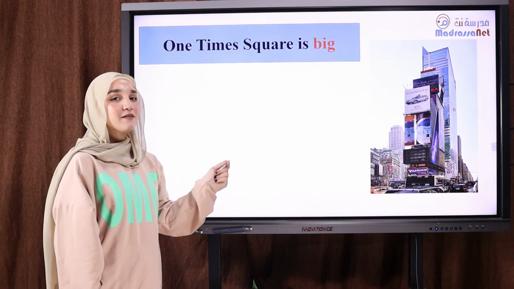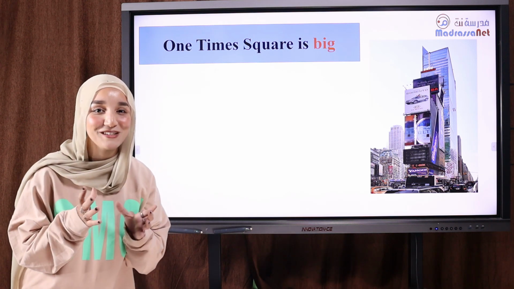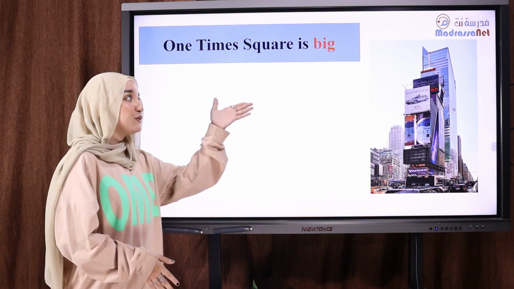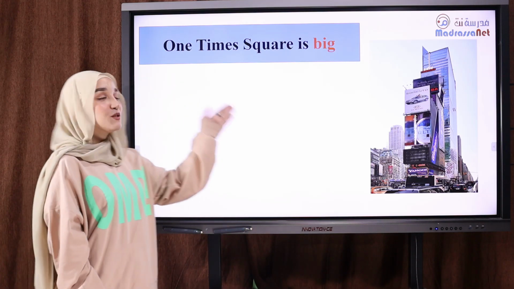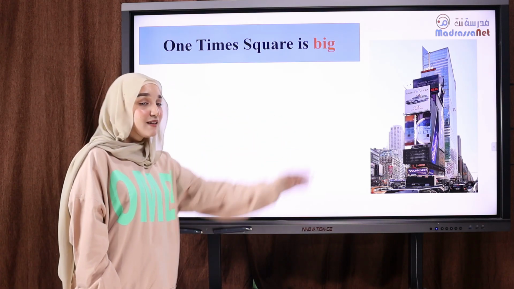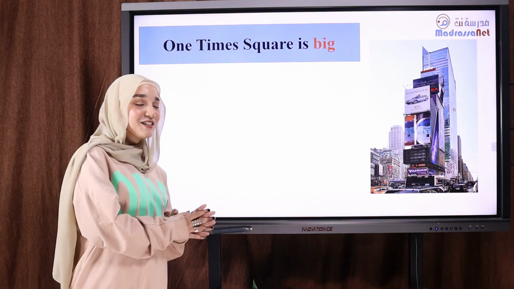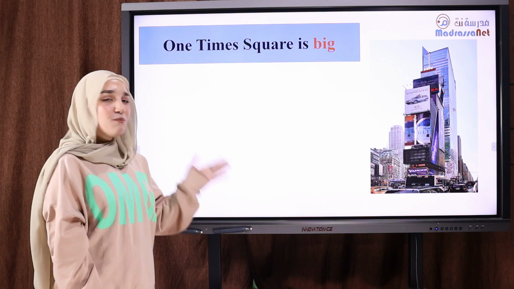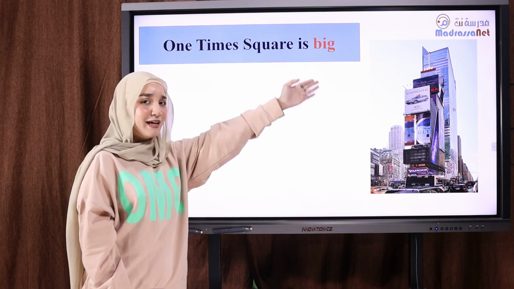One Times Square is big. Now you can describe it any way you want to, okay? I just wanted to use some basic adjectives today. So One Times Square is big. Now, the same question I asked you earlier, which modifier am I going to use to modify the adjective big?